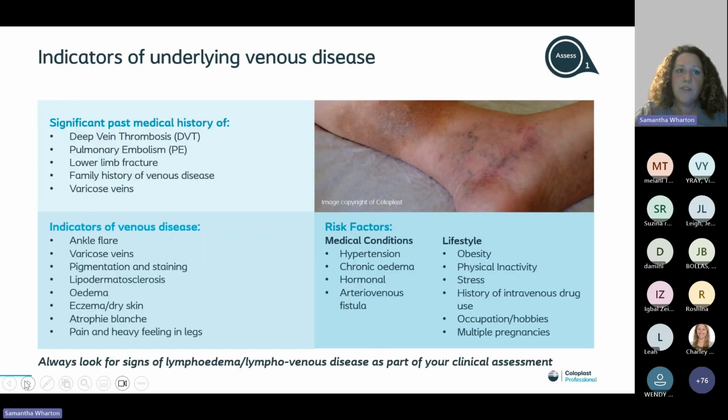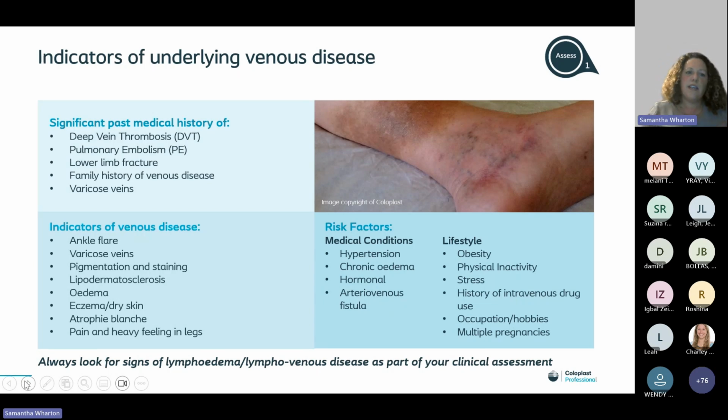So when we're looking at leg ulcers, I'm sure anyone that's been looking after leg ulcers in their clinical practice will be very much aware of all these underlying indicators of venous disease. So you've got that significant past medical history, you know, if they've got DVT, a PE, lower limb fracture, these are all potential indicators of venous disease, varicose veins, family history of venous disease.